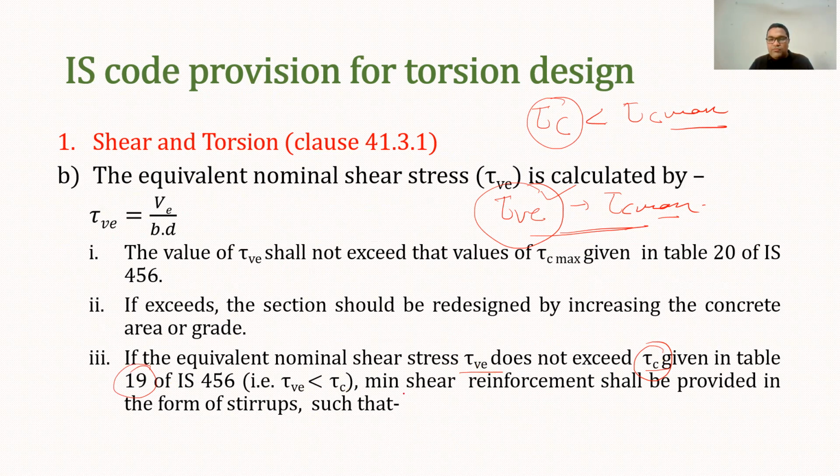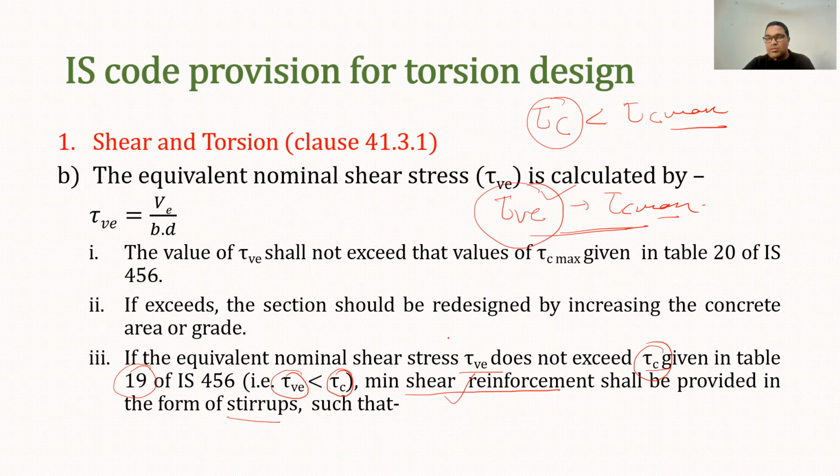Then we provide minimum shear reinforcement in the form of stirrups. If tau VE is less than tau C, we provide minimum shear reinforcement as recommended by the IS code.